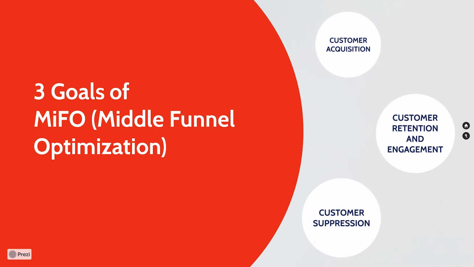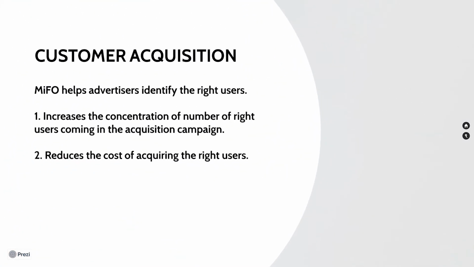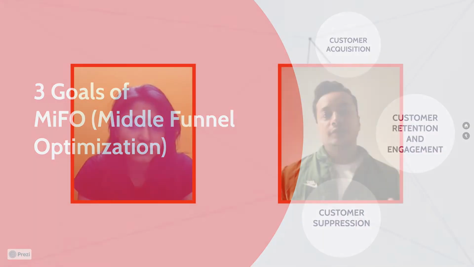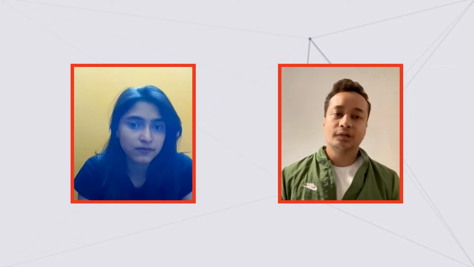One is it increases the concentration of the number of right users coming in their acquisition campaigns, and the second one is obviously reducing the cost of acquisition for such users as well. Right. So that sums up the acquisition bit, and we've seen some very good results specifically with UAC campaigns on the acquisition side for some of our clients.